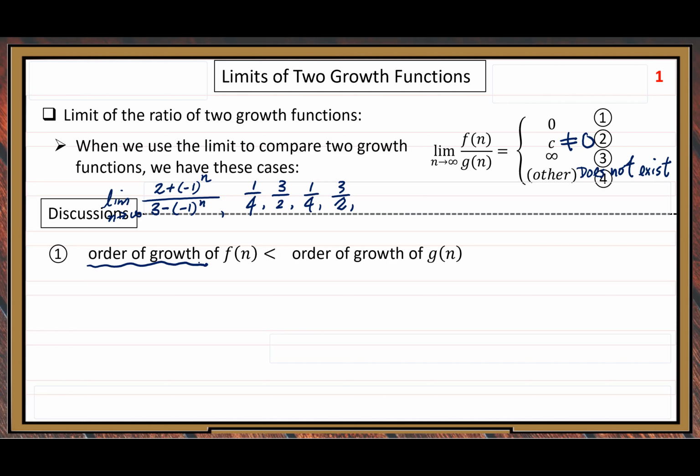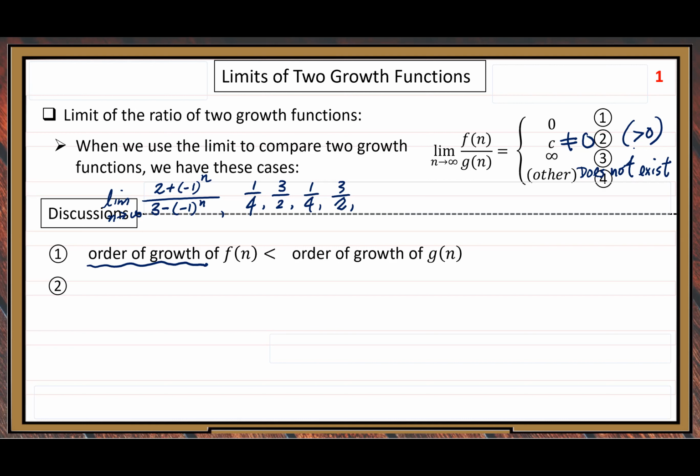All right, that's the first case. So we can compare the order of growth. After we see the limit, we can say something about the order of growth. All right. Case two, the ratio is a non-zero constant C, although non-zero, but in our case, positive, because our growth function is always positive.